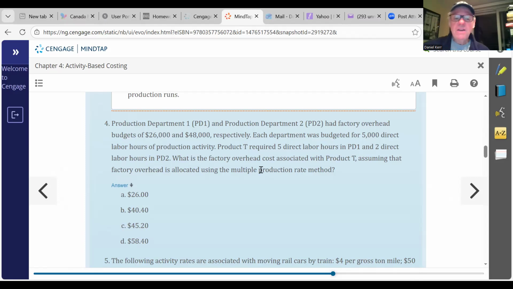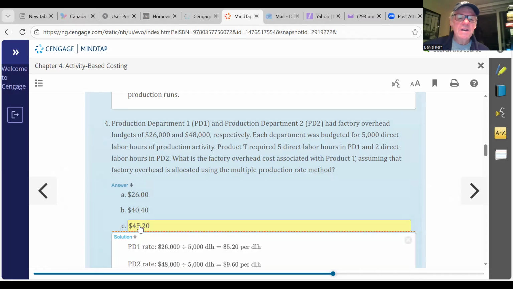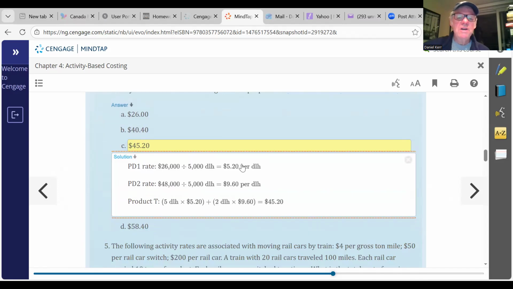If you add those all together, I think 4520 is your correct answer. And how do we get there? So there are your two production rates. Department 1 is 5.20 per hour, department 2 is 9.60 per hour. And then product T is 5 hours in 1 and 2 hours in 2. So that's how we got the 4520.